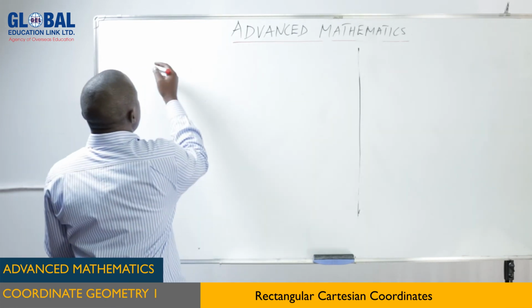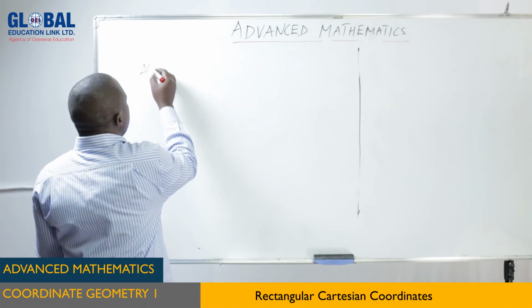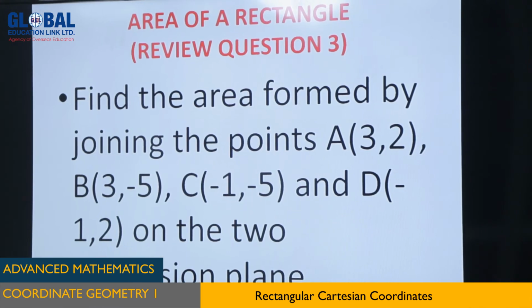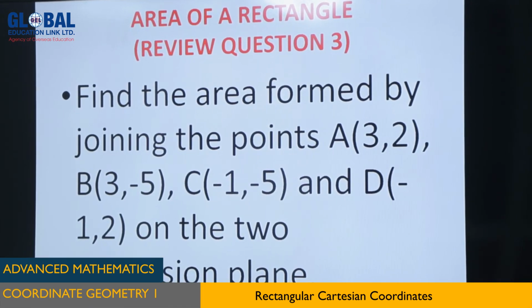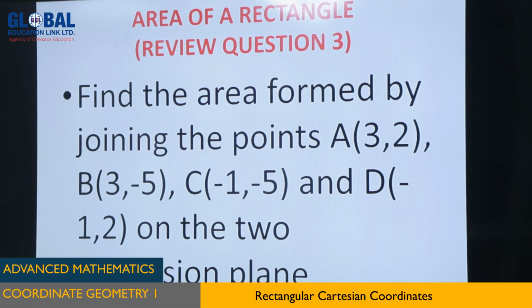That is coordinate A, that is 3, 2, followed by B, that is 3, -5, followed by C, -1, -5, and D, that is -1, 2.